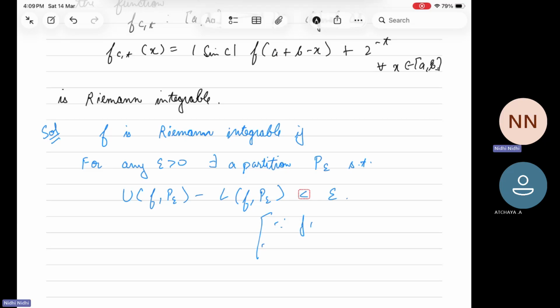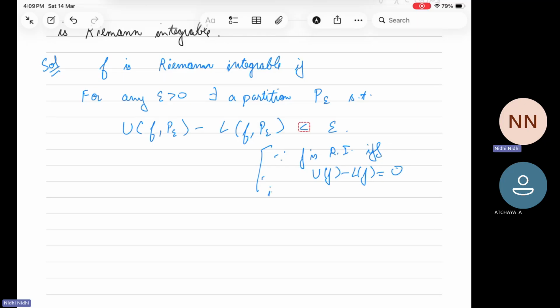Since f is Riemann integrable if and only if UF minus LF is equal to 0, that means this UFP minus LFP goes to 0 in some sense. That means for any epsilon positive, I should be able to get some partition such that this UFP minus LFP is very small. The idea is to make this UFP minus LFP as small as possible. So we should always be able to get this partition P_epsilon.